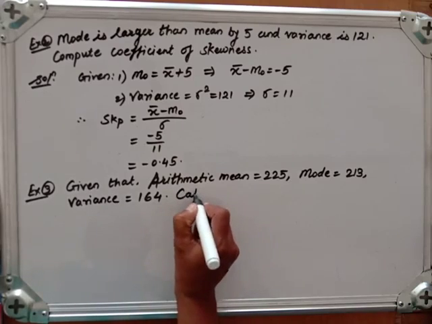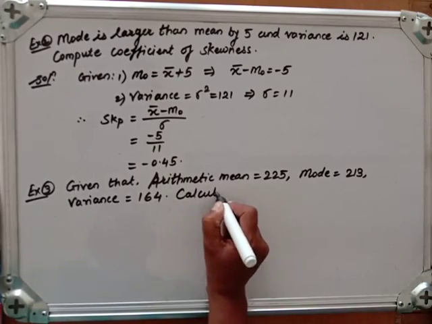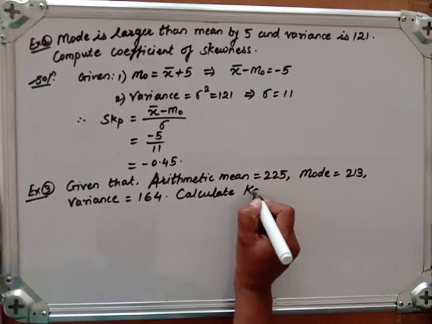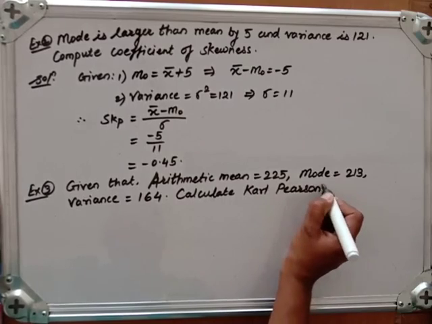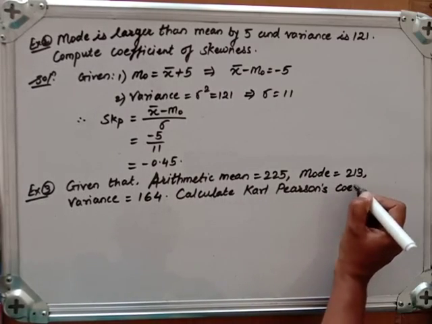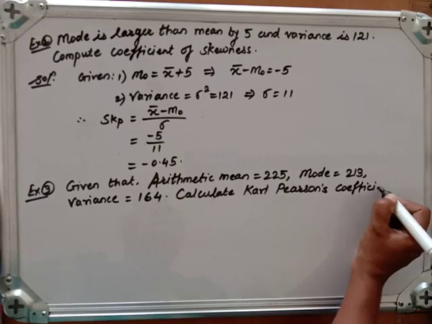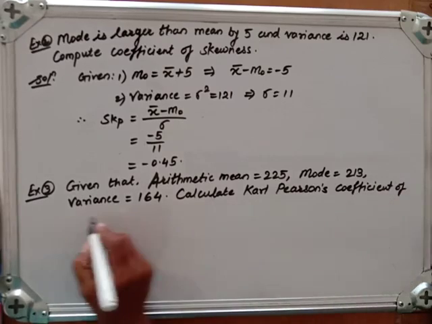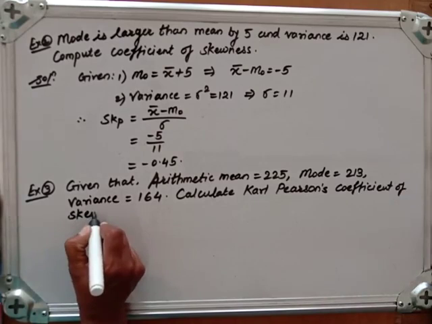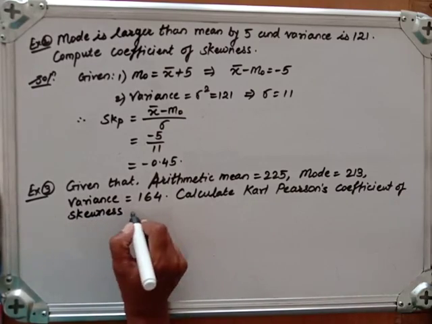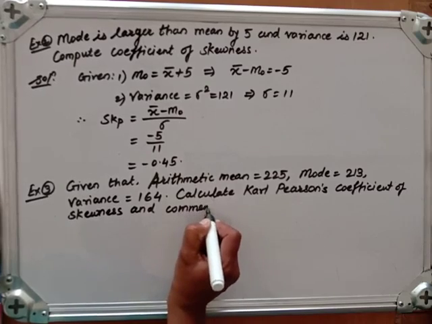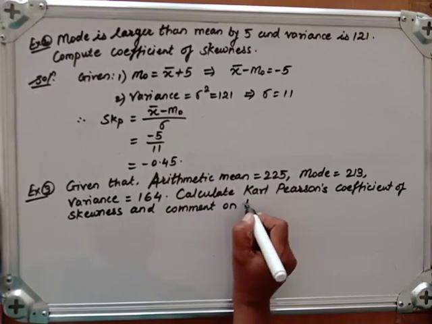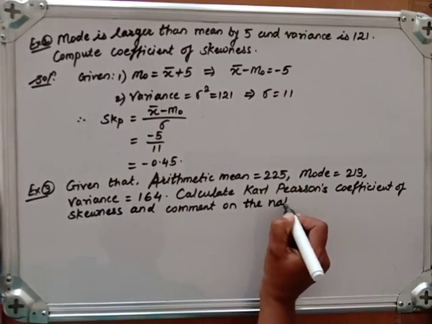The question is to calculate Karl Pearson's coefficient of skewness and comment on the nature of distribution.